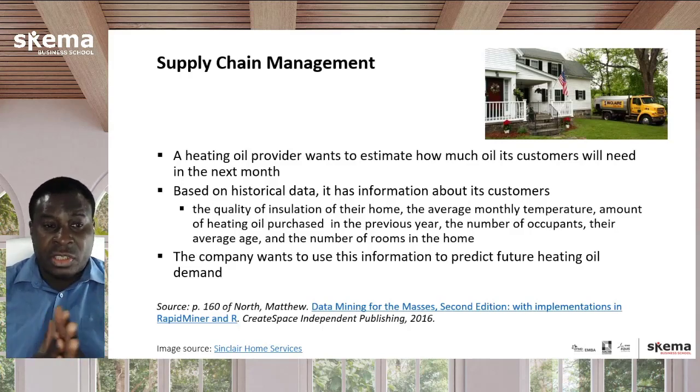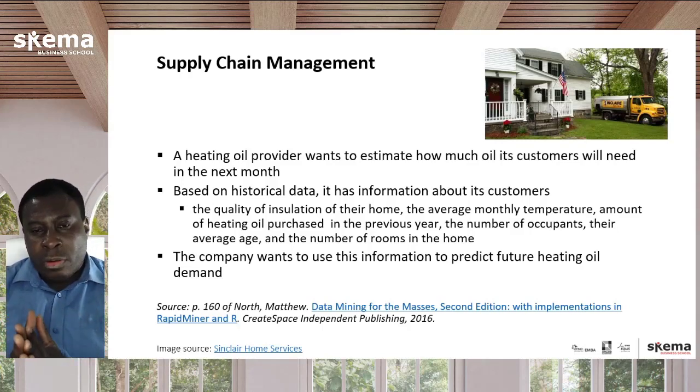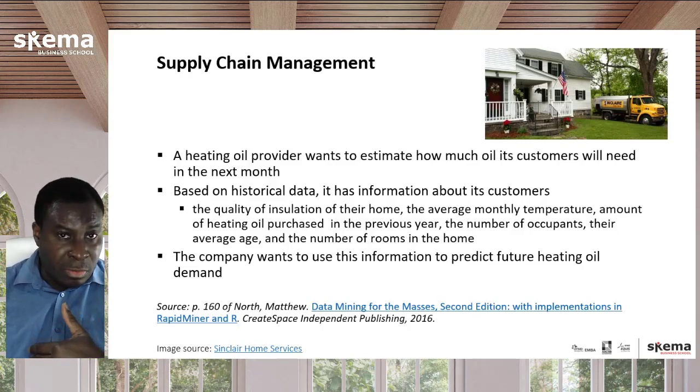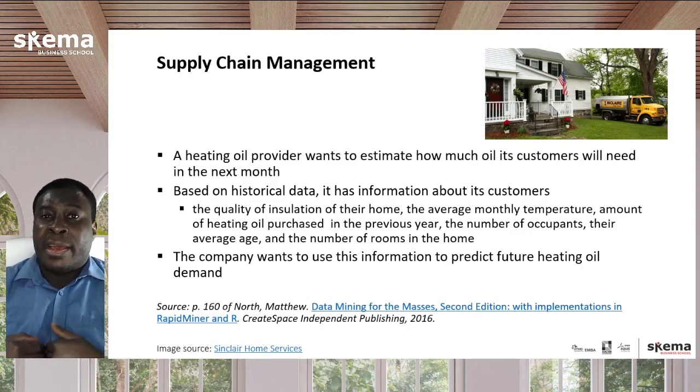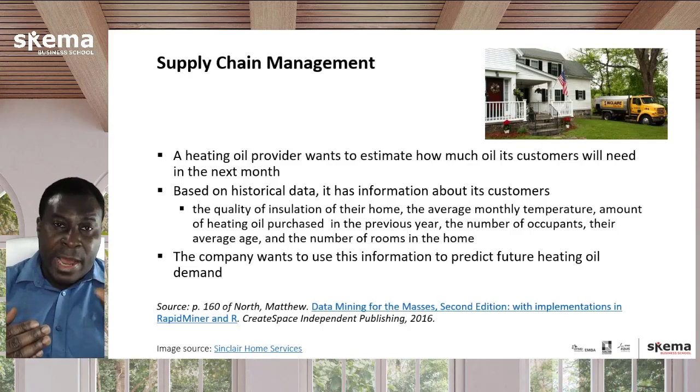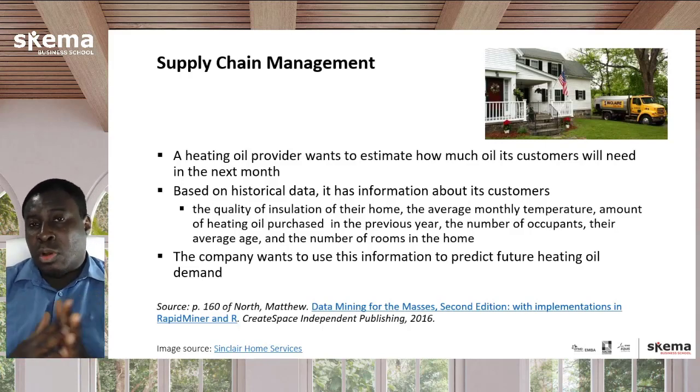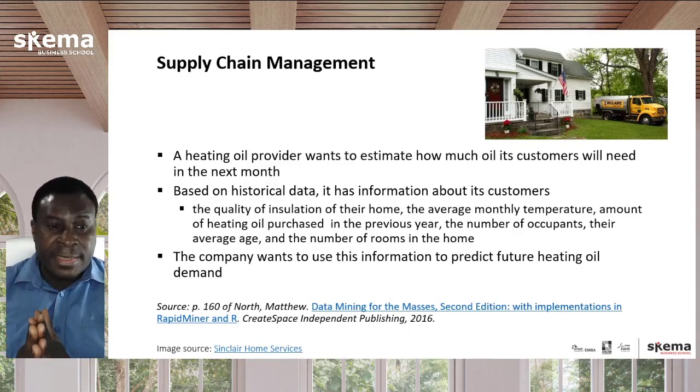So burning fuel right away, even though it's not the most environmentally friendly approach, is much more energy efficient and much more cost efficient. So a heating oil provider wants to estimate how much heating oil its customers might need, because it needs to know how much to buy from the refinery, and it also needs to strategize based on the oil prices, which go up and down, how much oil to stock when prices are low and how much is excess.